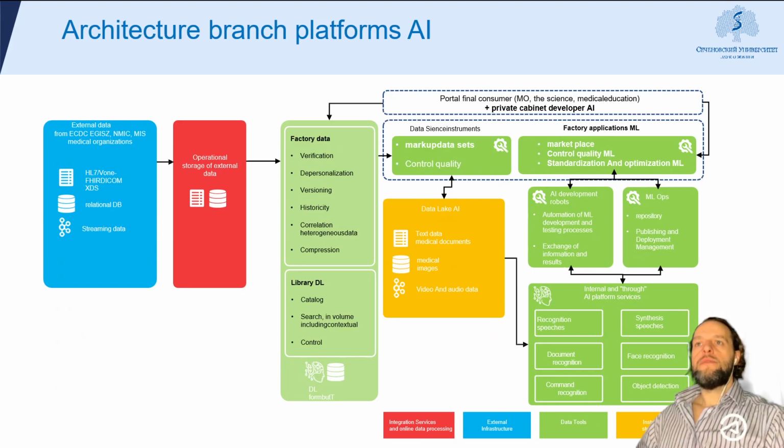After that, we will have AI tools for provision of technologies. It will be a marketplace. We will have quality control for these solutions. These solutions will be standardized and ready to use by the general public.